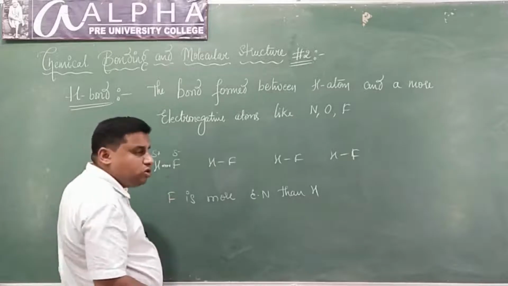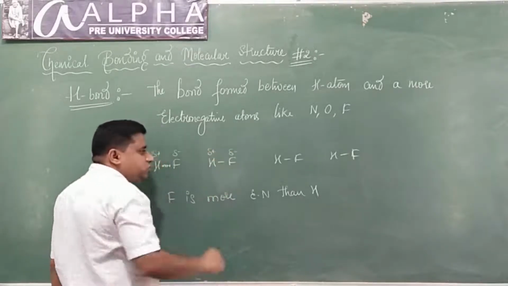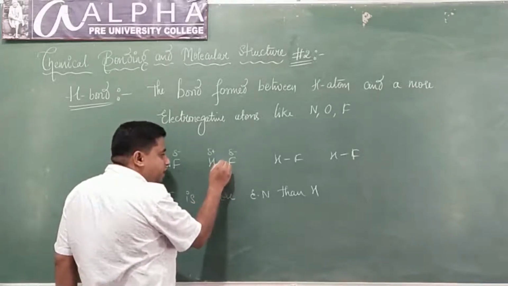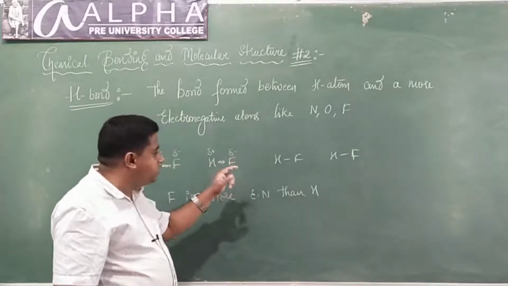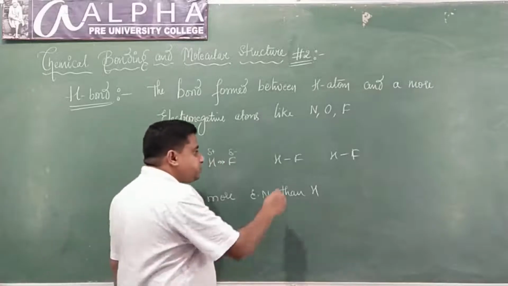Same thing happens here also. Fluorine will get partial negative charge, hydrogen will get partial positive charge, because here also fluorine is more electronegative than hydrogen. It withdraws the shared pair of electrons towards itself. So fluorine has partial negative, hydrogen has partial positive.